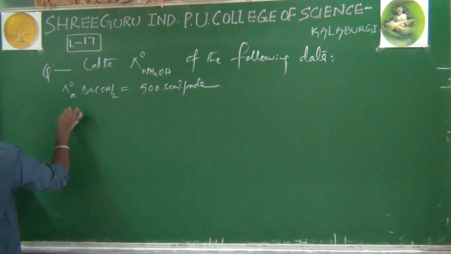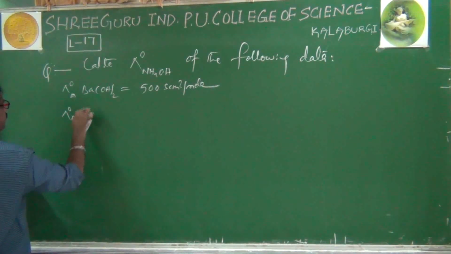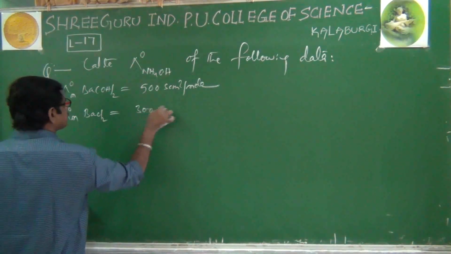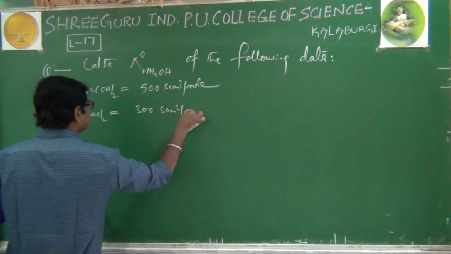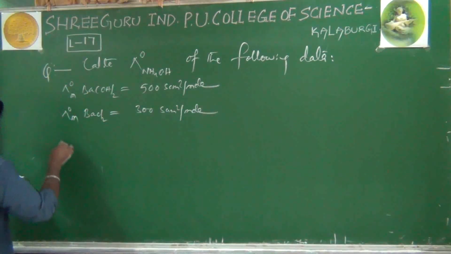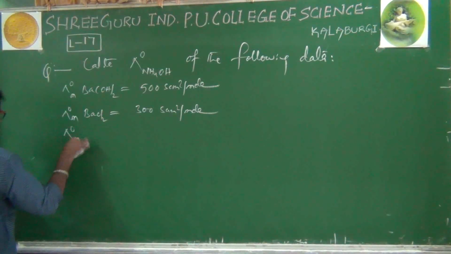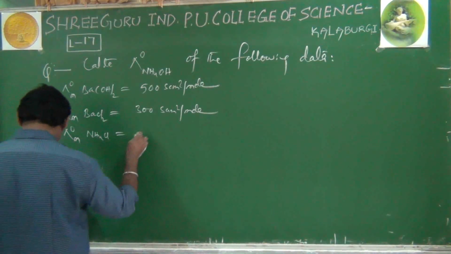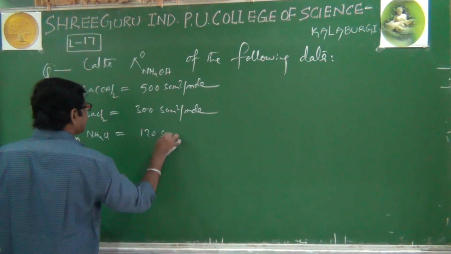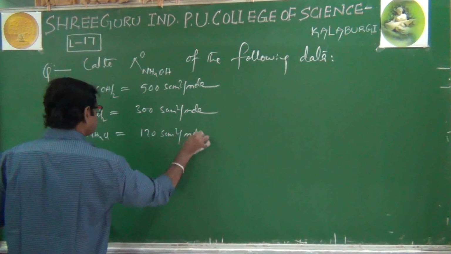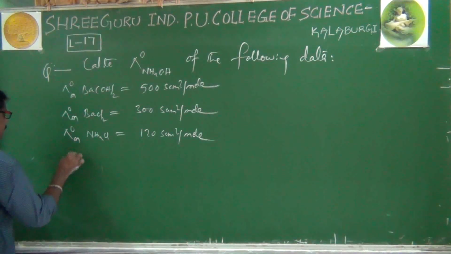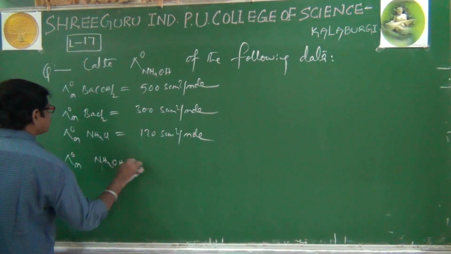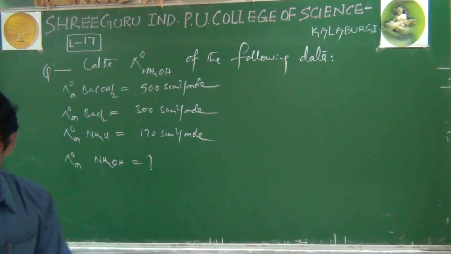Lambda m of barium chloride is equal to 300 Siemens centimeter square per mole. Lambda naught m of ammonium chloride is equal to 120 Siemens centimeter square per mole, and lambda naught m of ammonium hydroxide is the question mark. That's it.